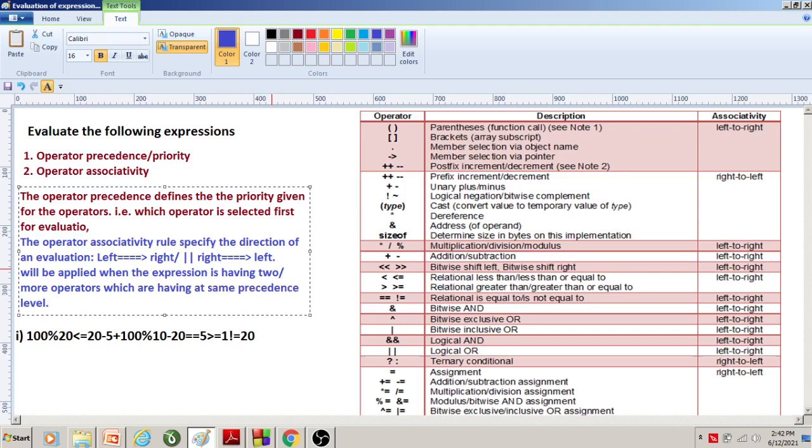Then we find what is the associativity of the operator, and according to that we will evaluate the expression.